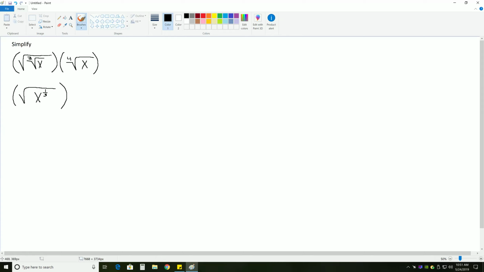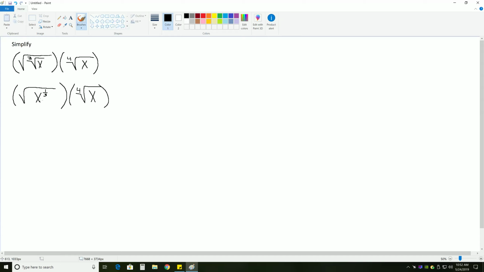Whenever you're changing a radical to a rational exponent, you take the radical index, the small number on top of your radical sign, and you put that in the denominator of your exponent. So we have x to the 1/3 in this case. So now this has become the square root of x to the 1/3 times the fourth root of x.